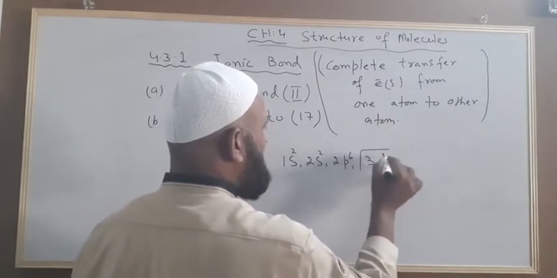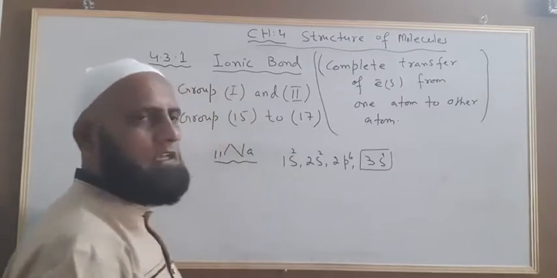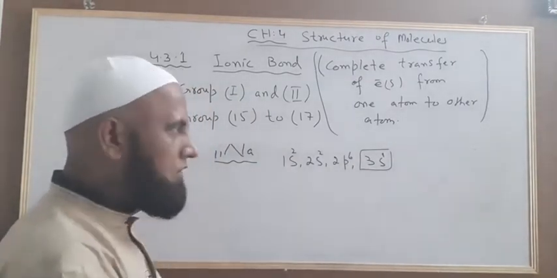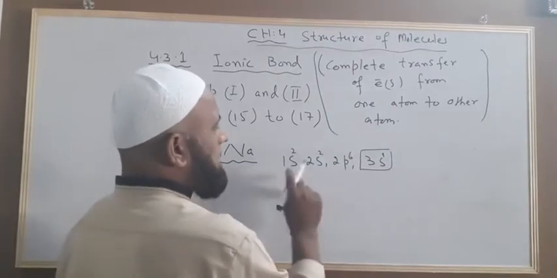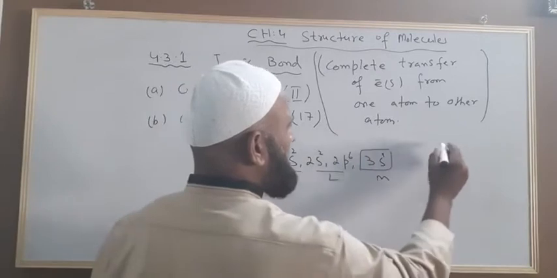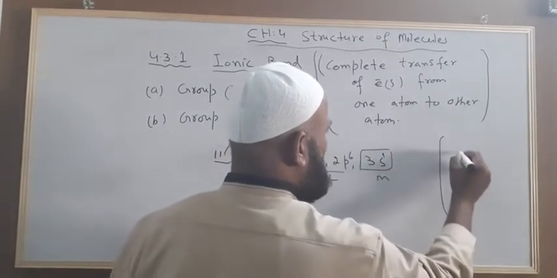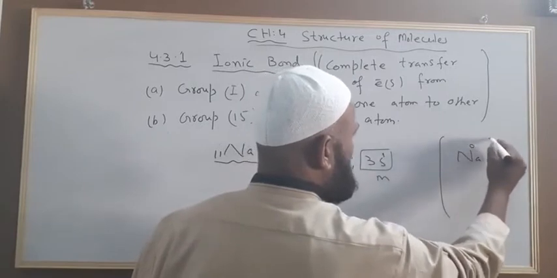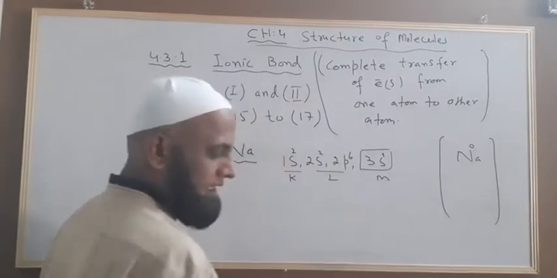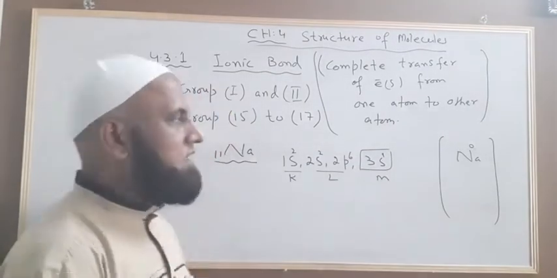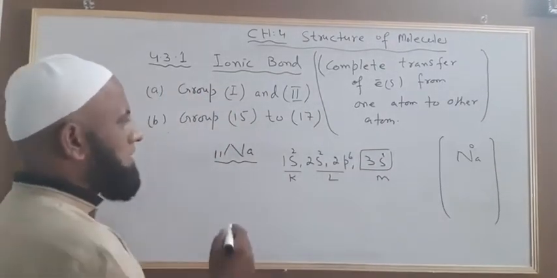So this is the valence shell electronic configuration. The valence shell of sodium is the M shell, okay? K, L and M. So we can write sodium as a radical because there is an odd number of electrons. So we can write sodium in this form.